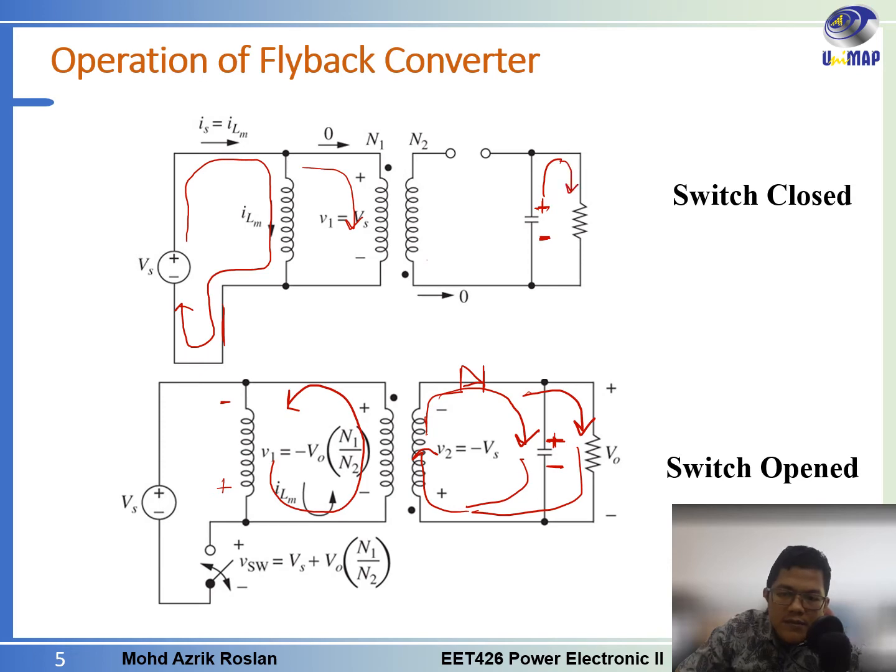So let's say before this it came to this capacitor in this direction. When we remove the source, it will flow out from the same direction it came in. So the flow of current is like this. This is how the current flows at the secondary side when the switch is closed.